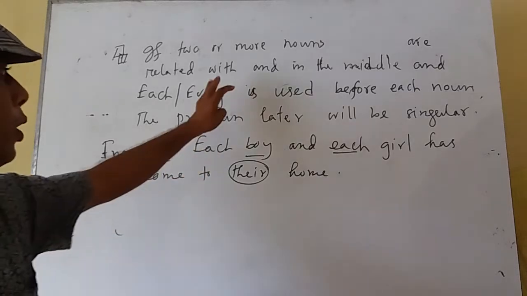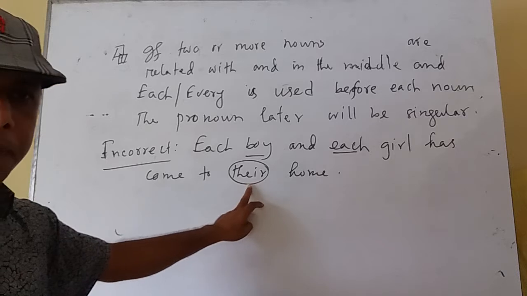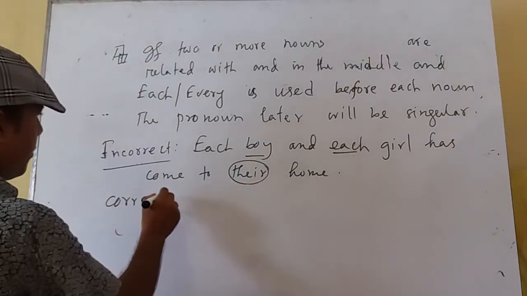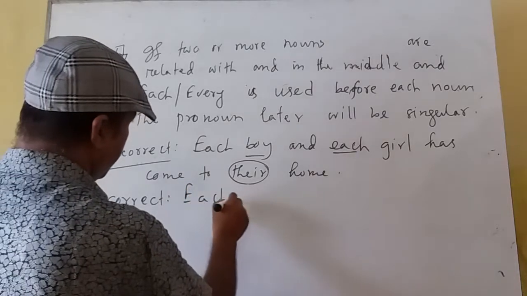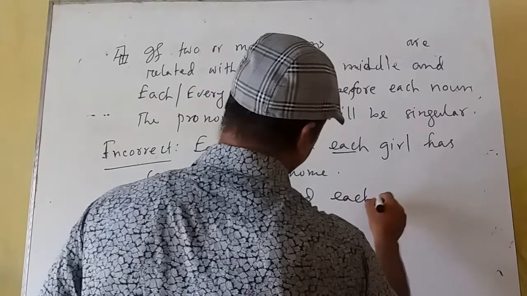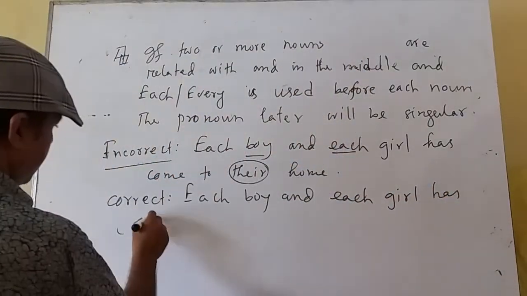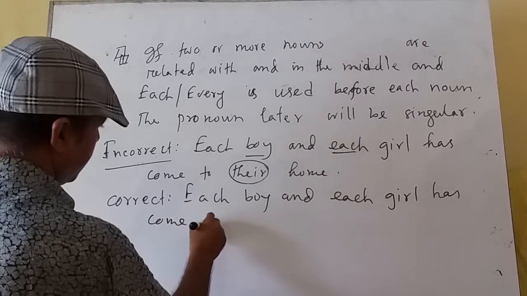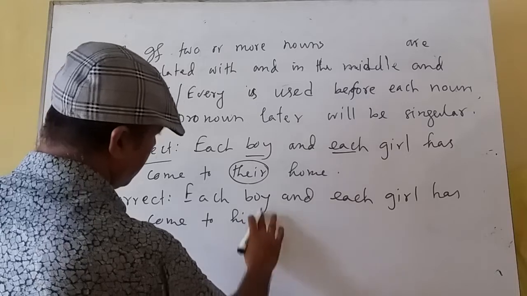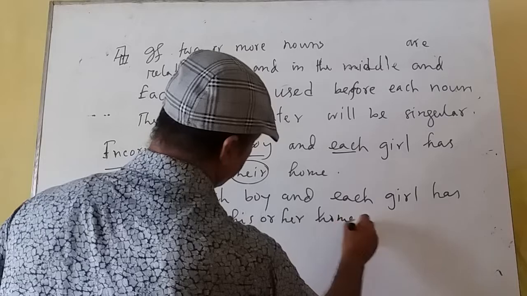That is, this rule has been violated. So this pronoun has become incorrect. Correct: Each boy and each girl has come to his or her home.